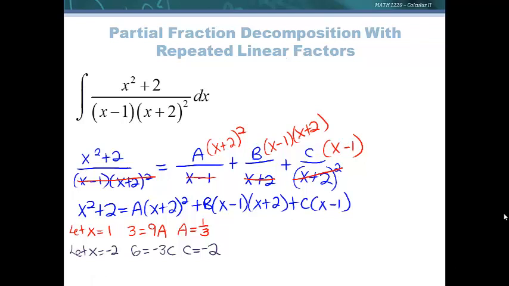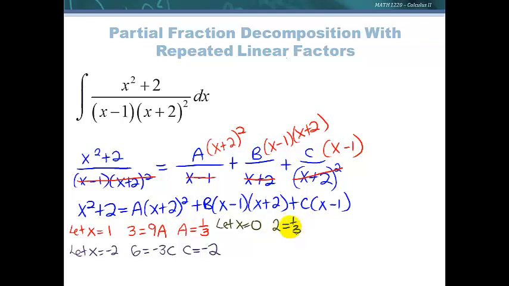We're going to choose another x, not one that's going to zero anything out, but we've already got the a and the c, so we will substitute those in with the x that we choose, and then we're going to be able to find b. So maybe I will just let x equal 0. I just picked 0 because zero usually makes things a little easier. I put 0 here, plus 2 equals 2.